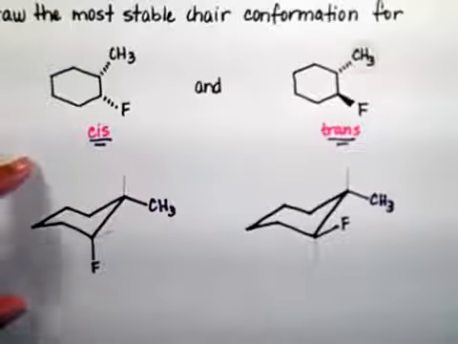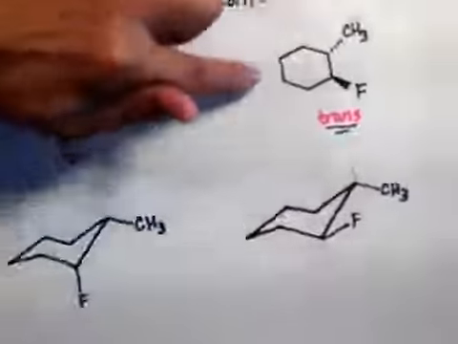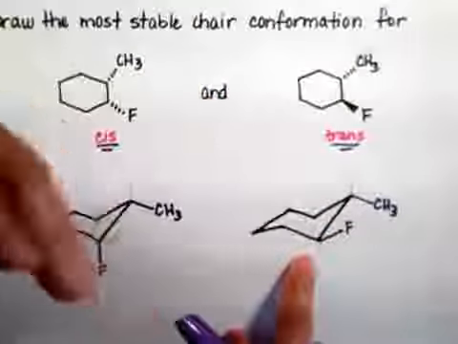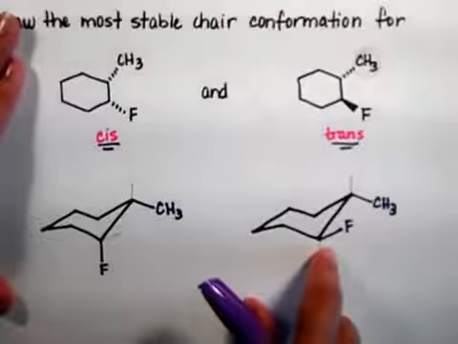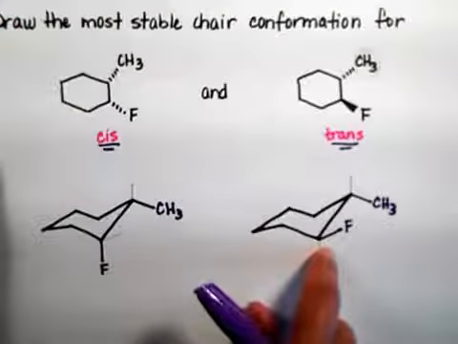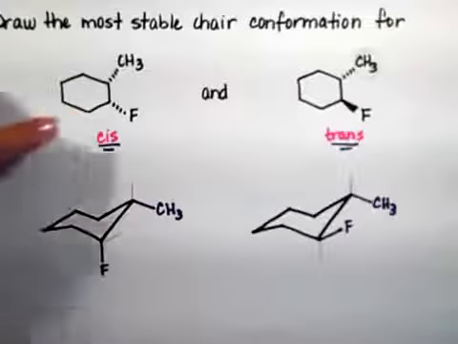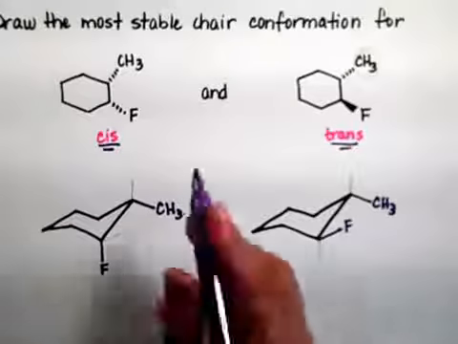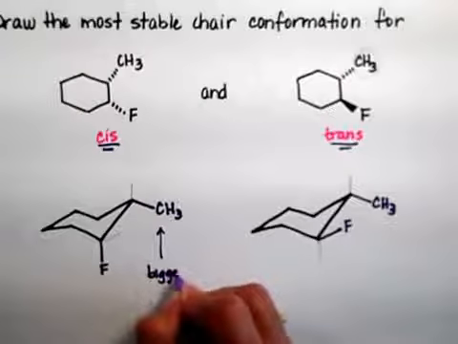We got a second equatorial position. So this one right here is the most stable chair for the trans. If you had to flip this chair, to interconvert that chair, you would go to both substituents on axial positions, and that would not be good. So this one is the most stable for the trans. This one is the most stable for the cis because the biggest group is on the equatorial position.